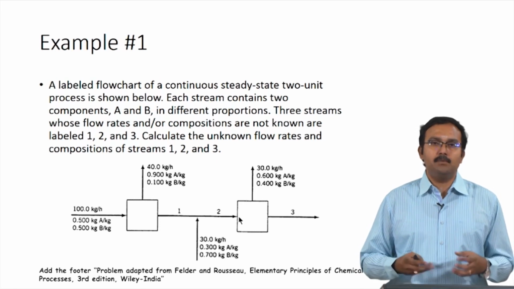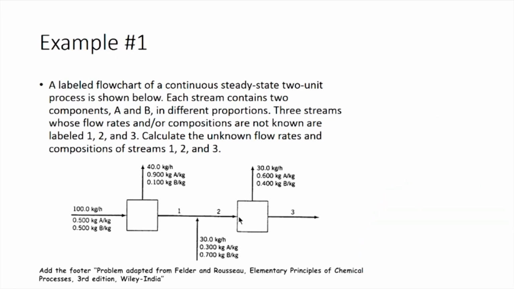Now, what are the systems which we can draw for this process? Just like how we saw in the previous illustration, we can draw the overall system which contains all the units which are present, which is unit 1, the mixing point and unit 2, all of these together forming an overall system.